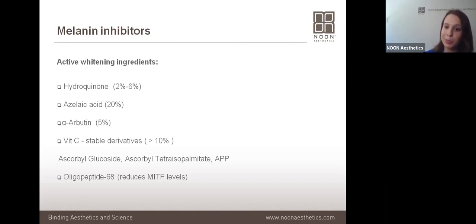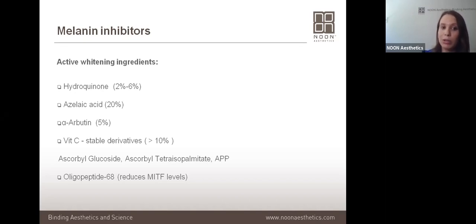Also, alpha-arbutin, which is, again, a tyrosinase inhibitor, and vitamin C stable derivatives, which are melanin inhibitors and antioxidants. They fight the free radicals. The last one will be oligopeptide 60H, which reduces the MITF levels.